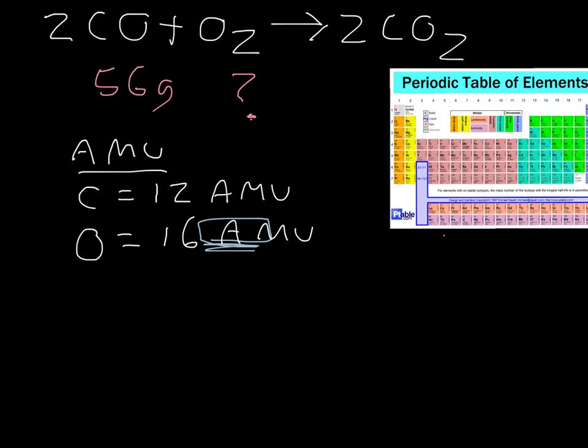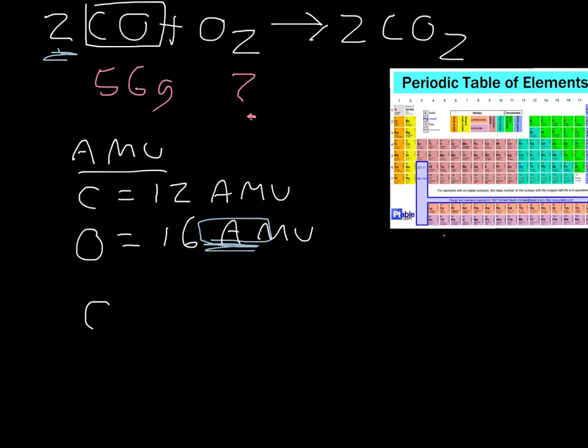Now that we know our atomic mass units for our elements, we can start to figure this out. Let's figure out how many atomic mass units, or how many grams, 1 mole of carbon monoxide would weigh. Let's forget about this coefficient for now, and just figure out what carbon monoxide will weigh.